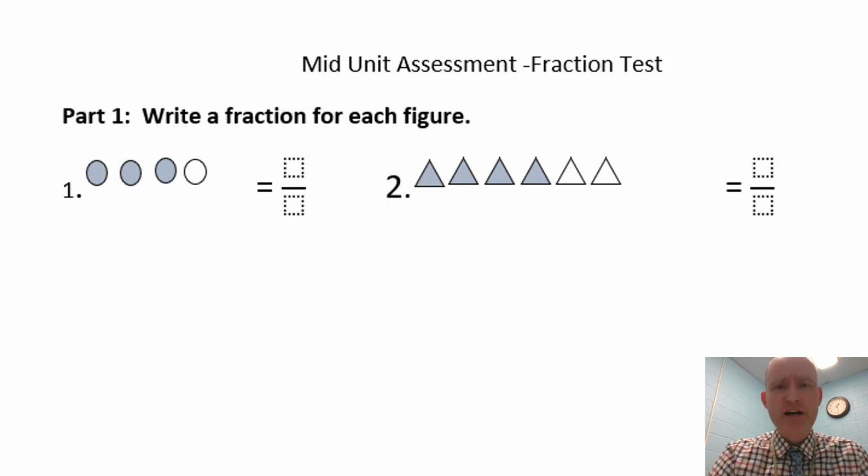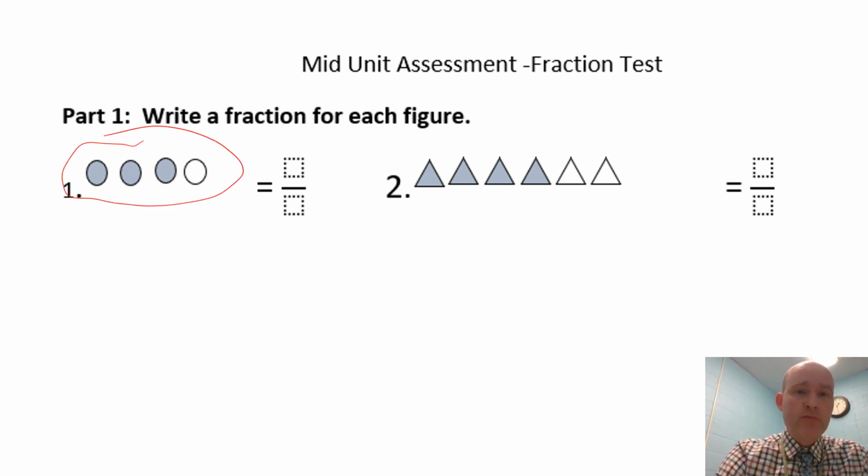First, we need to identify fractions before we can even do any operations on them. So the first thing is, let's look at number one. We notice that the fraction we could write is 3, and then out of how many? Out of 4. Remember, this is the first lesson we did.